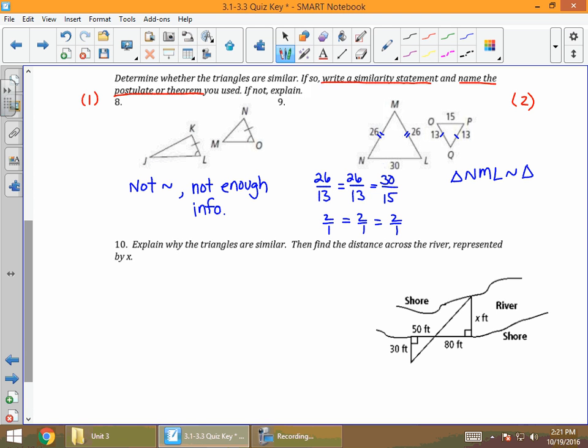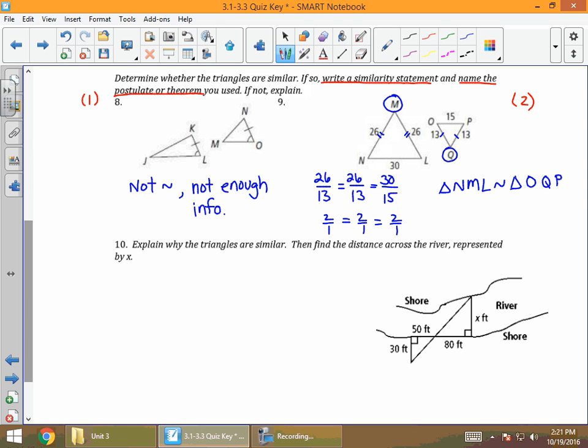So really, the only thing that matters is the position of the vertex M. Angle M has to be in the same position as angle Q. So if you notice my similarity statement, M is in the middle. So I have to make sure Q is in the middle. And the other order, O and P, does not matter. I'll go O, Q, P. There is a similarity statement.